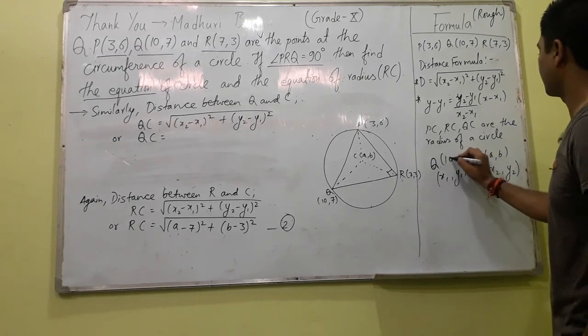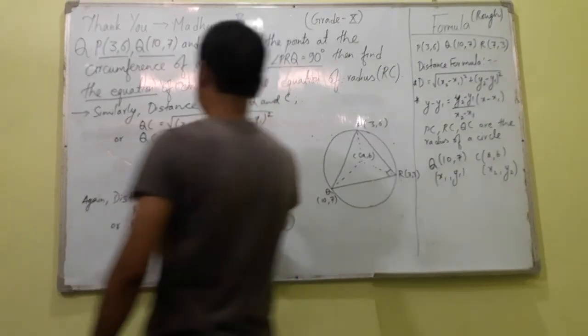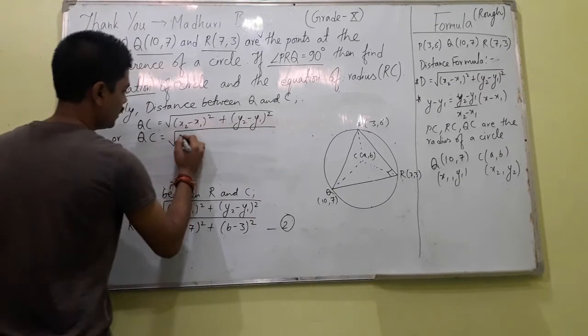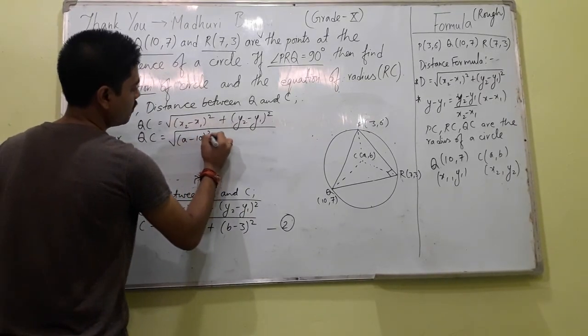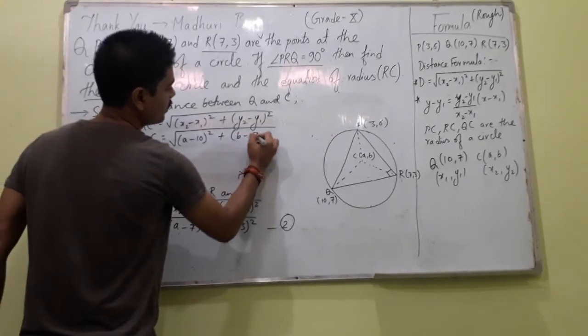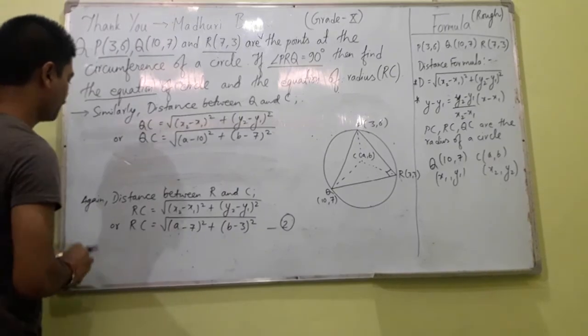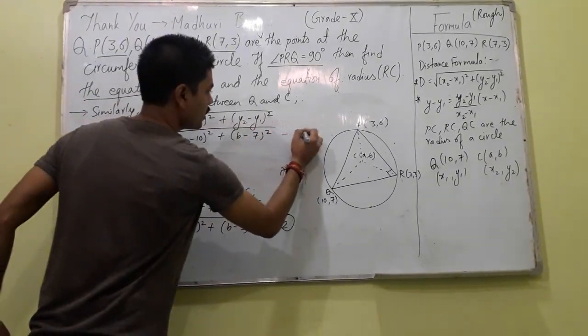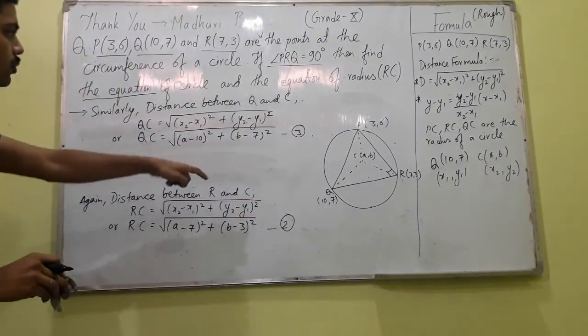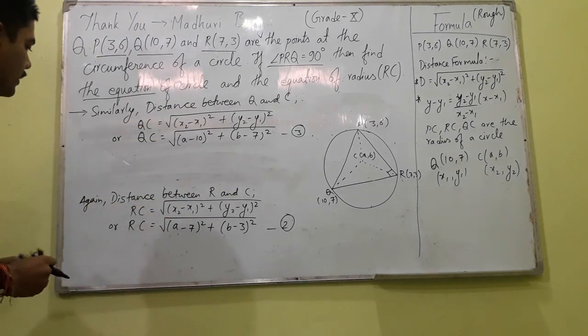Q is 10 comma 7. So you can write A minus 10 whole square, B minus 7 whole square. Equation number 3. Now we have to solve these three equations together.